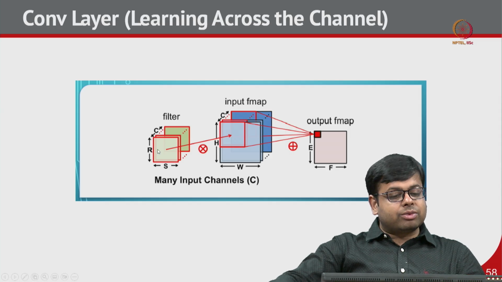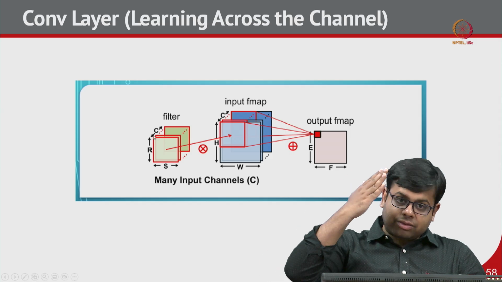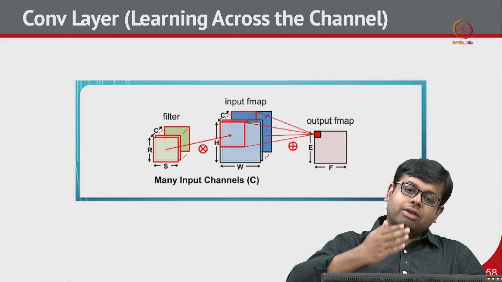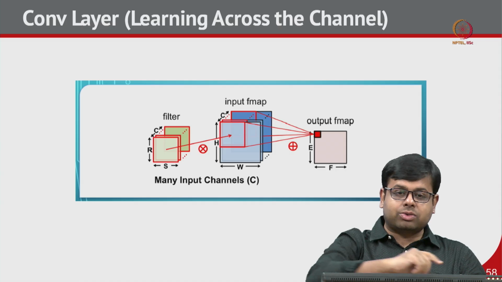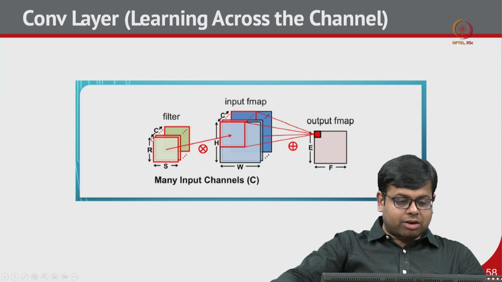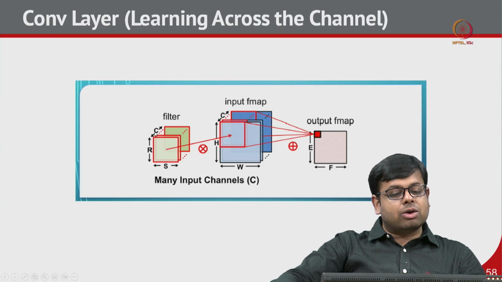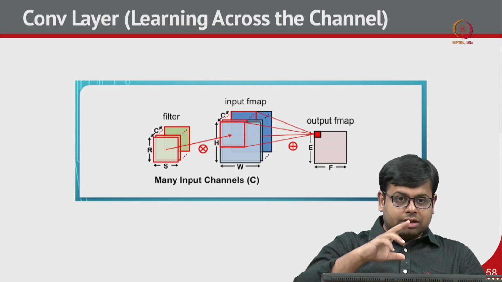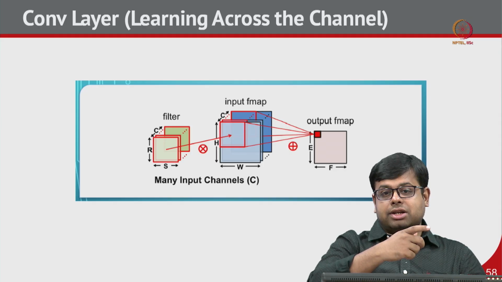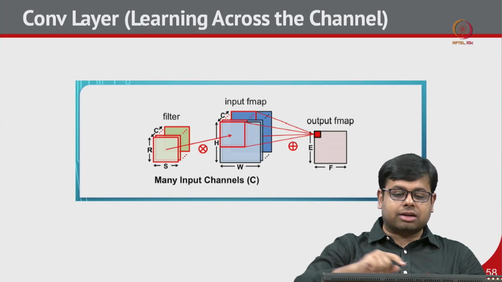Since we have C number of channels, we need to have C number of channels in the filter also. So, we do not have just one plane of filter of R by S, rather we have R by S by C, right. So, now our filter is 3 dimensional, it is no longer 2 dimensional, correct.